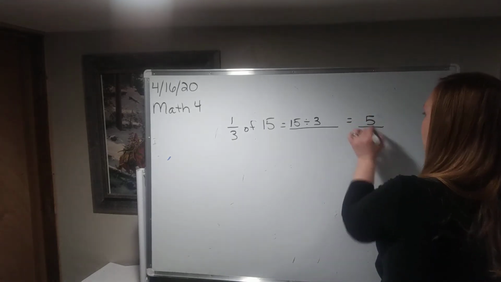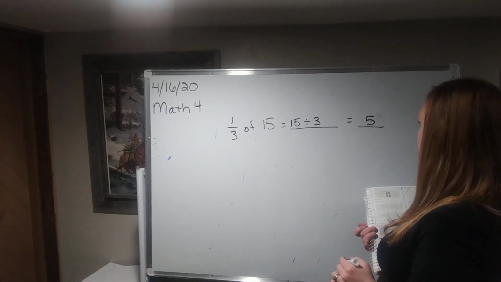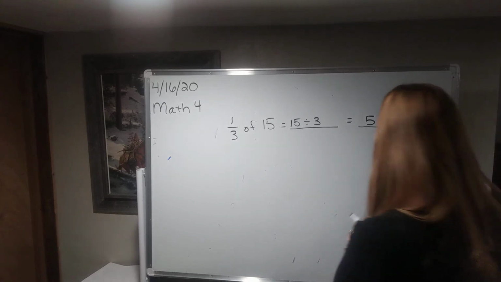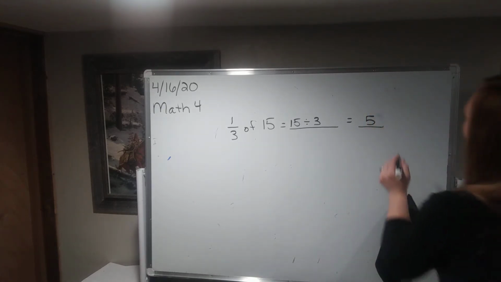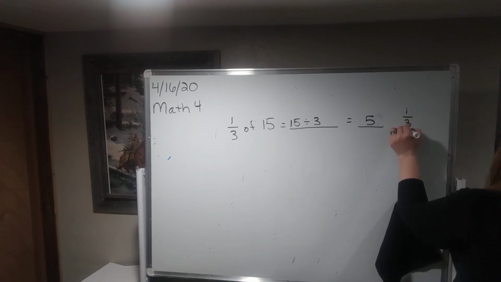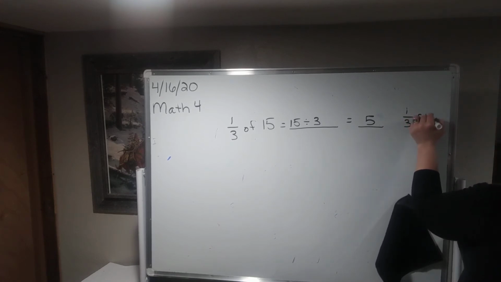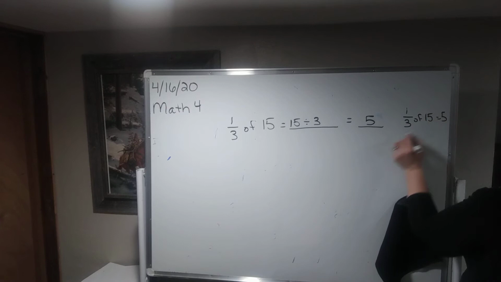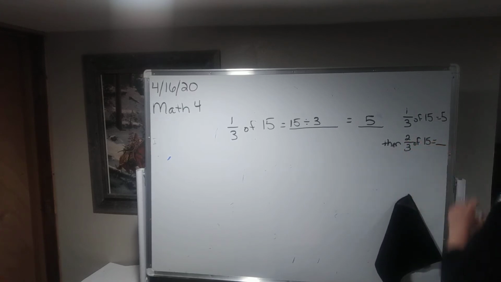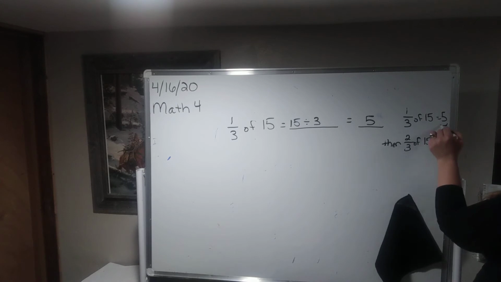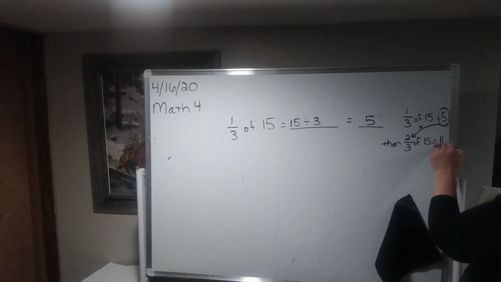So my answer is 5. Then off to the side, if 1/3 of 15 equals 5, then 2/3 of 15 equals what? I take my answer and multiply it times the top number. What's 5 times 2? 10.